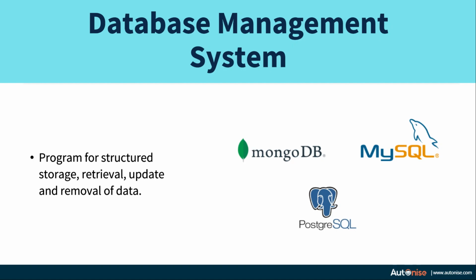What it means is that when you're trying to store your data, you want to do a lot of operations to ensure that there is consistency, your data is not corrupted, and you are able to fetch the data and update it efficiently. You need to have some programs. Such programs are called database management systems. In the market, there are a lot of database management systems like MongoDB, MySQL, PostgreSQL, and so on.